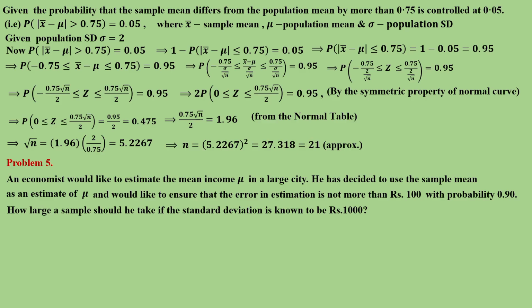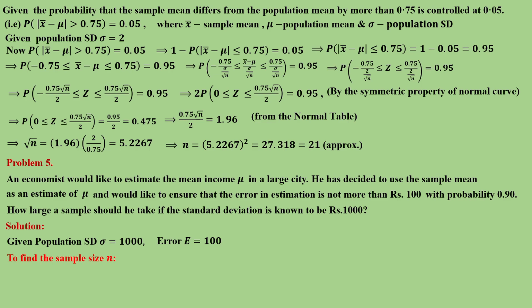How large a sample should be taken if the standard deviation is known to be ₹1000? So given the population standard deviation, sigma is equal to 1000, and the error in estimation is not more than ₹100, so the error E is equal to 100.